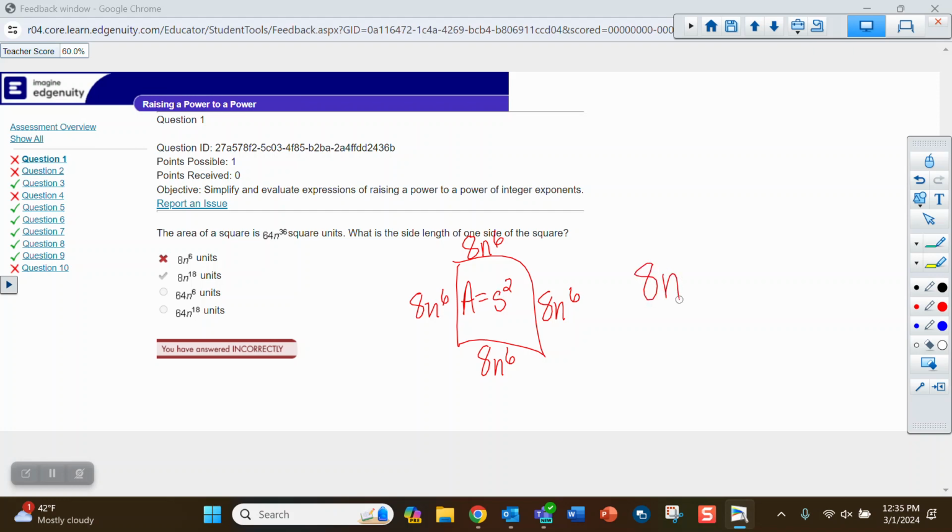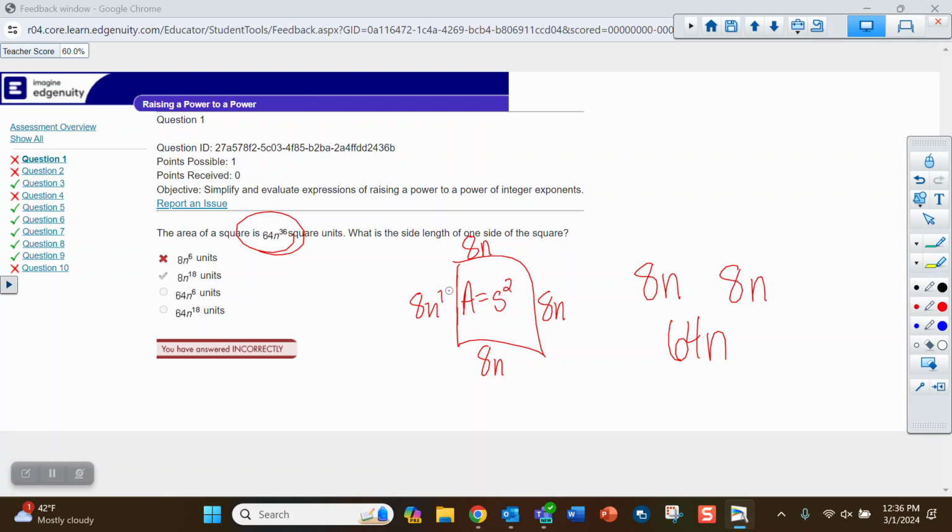So if we take your answer and multiply this times itself, 8 times 8 is 64, but I don't multiply exponents when I have like bases, I'm adding them, and 6 plus 6 is 12, and that's not where we started. If you change all of these to 18s, which is going to be the correct answer, I'll show you in just a second how that changes your answer.